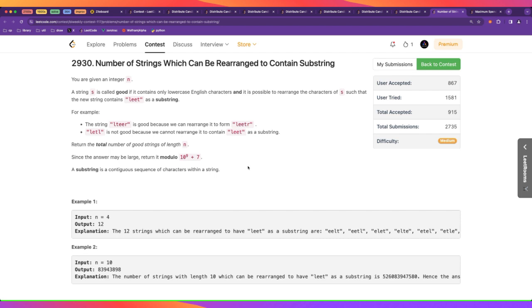So we have 26 choices, and then for the second one we have 26 choices, and so on, and all these are independent. So this is kind of a take it or leave it kind of problem, where we can use DP because we're gonna have repeating subproblems.